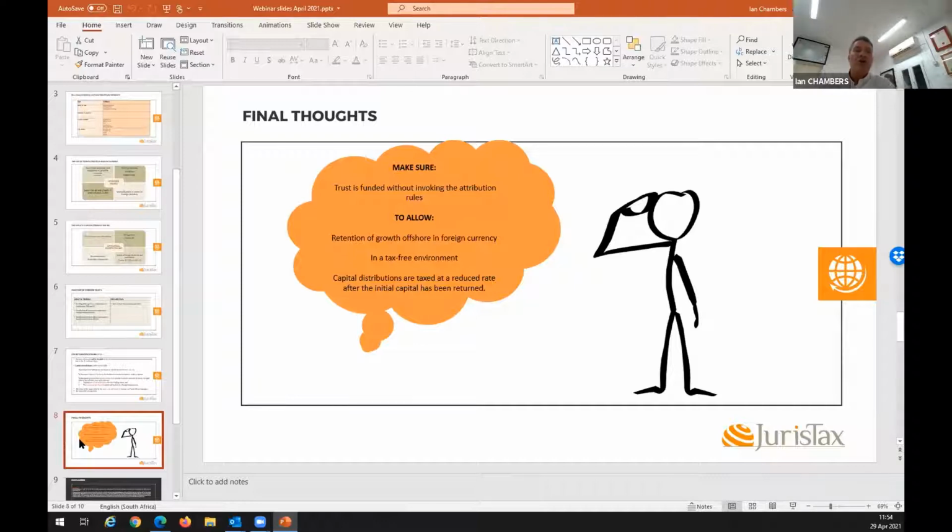The investment returns are made in the tax-free environment. And to the extent that returns are disclosed as investment returns to the trust as opposed to investment returns to the individual, the initial investment made by the investor could well decrease by virtue of the income being distributed to the trust. Nikki, I'm going to hand over back to you.